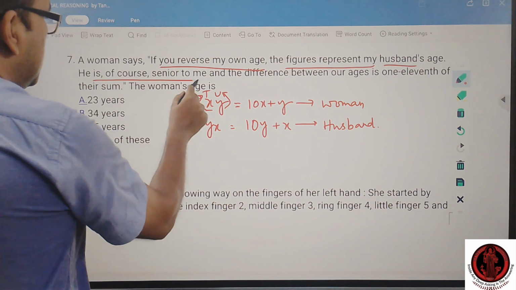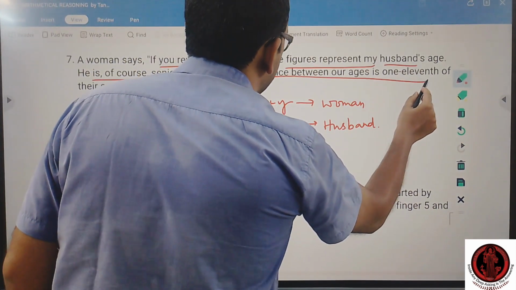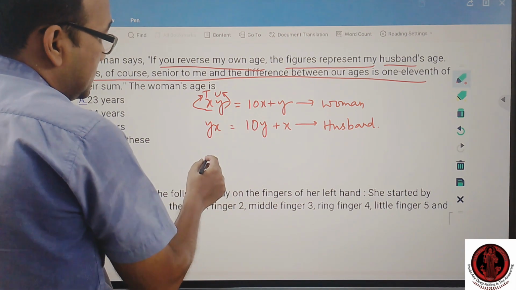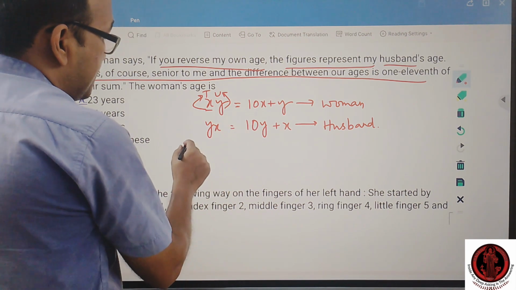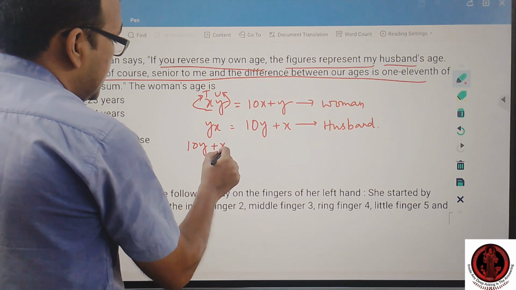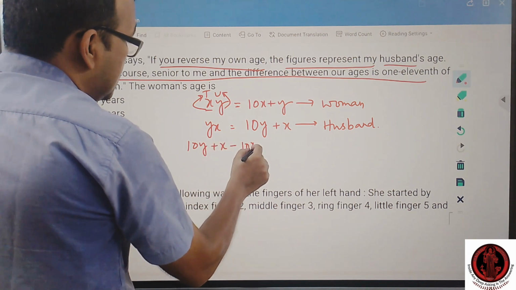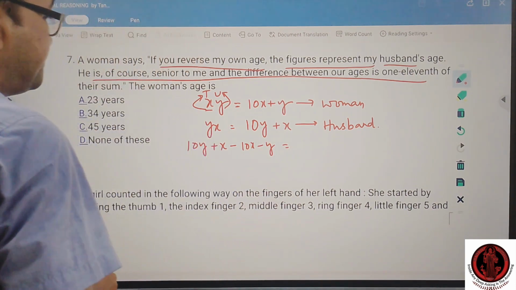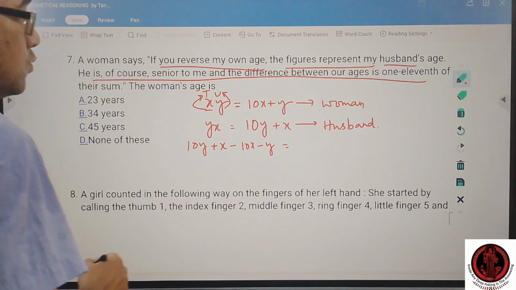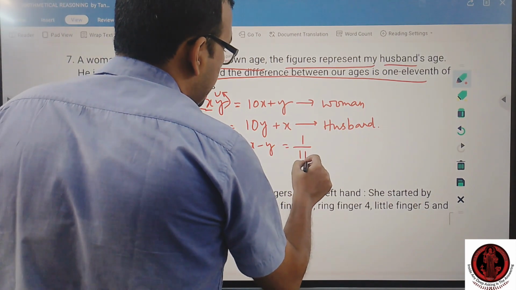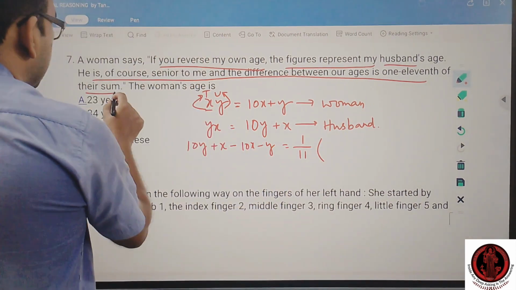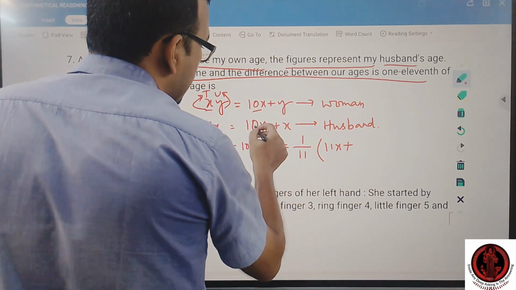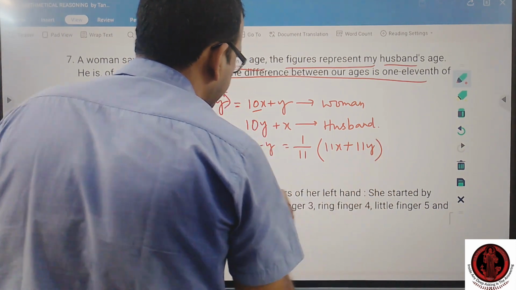He is of course senior to me, and the difference between our ages is 1 by 11 of their sum. The difference means 10y plus x minus 10x plus y. Their sum means 10x plus x, 11x, plus y plus 10y, 11y.